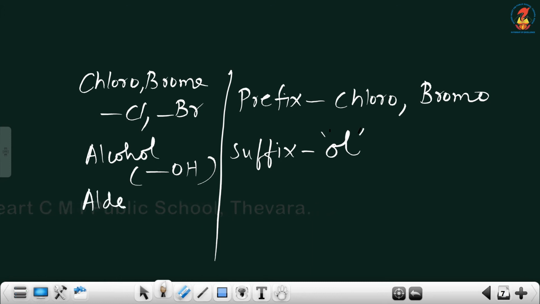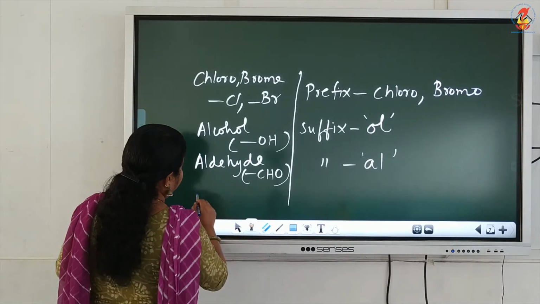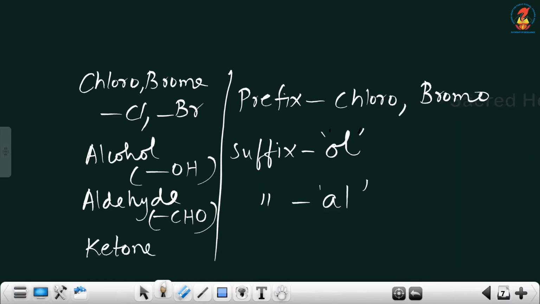Now aldehyde, that is, if you have a CHO functional group, again the suffix AL is added to the name of the compound. The final E has to be deleted and you add the suffix AL. Then ketone, CO is present, again suffix ONE.